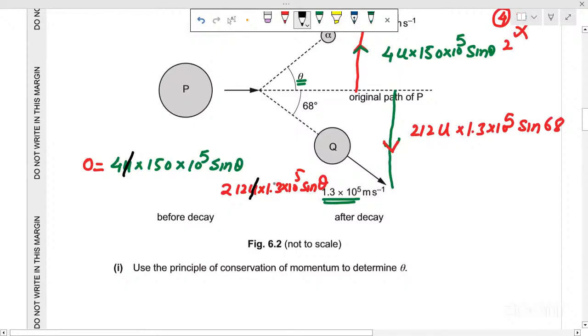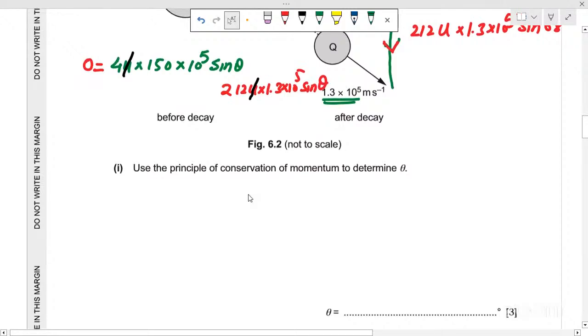But on the front page of your paper, the value of u is mentioned over there and you can use that value if you want. That is, the value of u is 1.66 times 10 power minus 27 kg. Okay, so just mention a negative sign over here and solve for theta from this equation. You can easily solve, so there is no problem how to solve this equation.